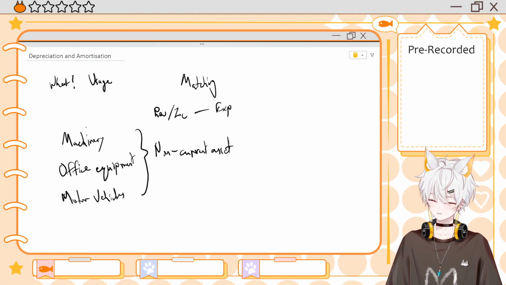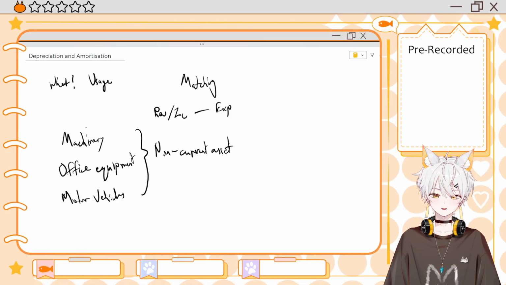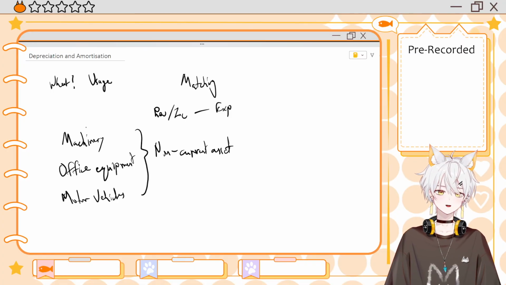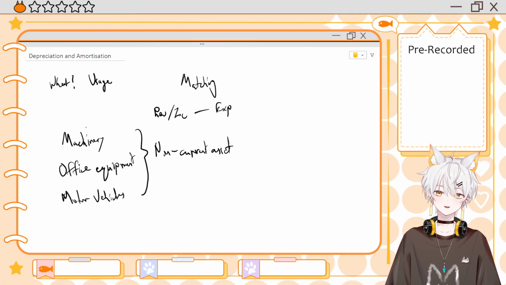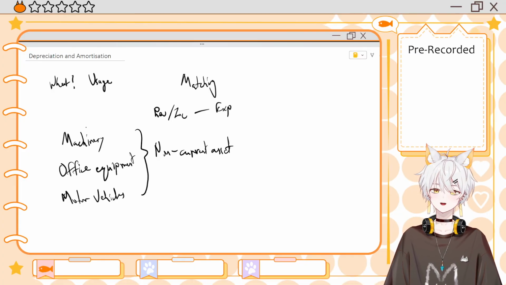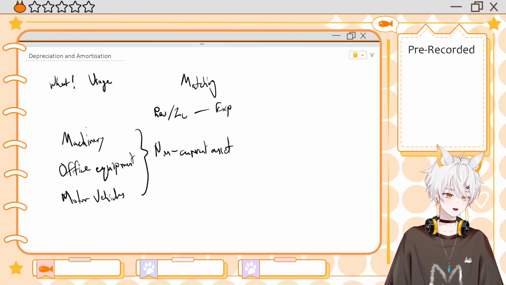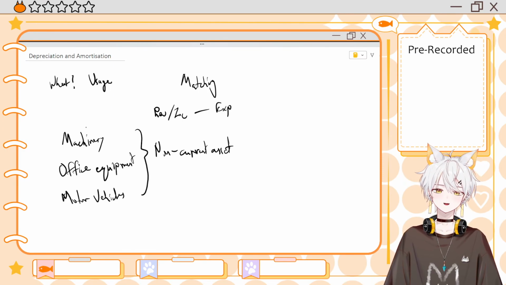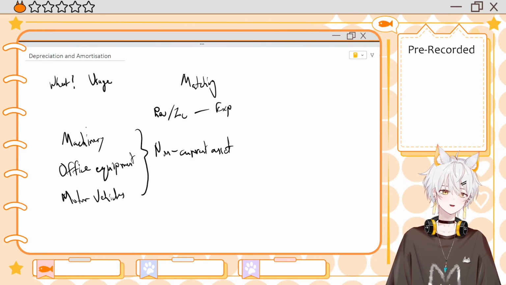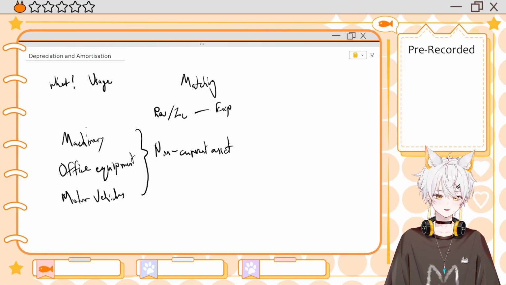The machine in that process will get slightly deteriorated over time, because as you use something more and more, things don't last forever. Eventually the machine will break down, it will need maintenance, things like that. You need to replace some parts, something gets broken. All these sorts of things get factored in by depreciation.